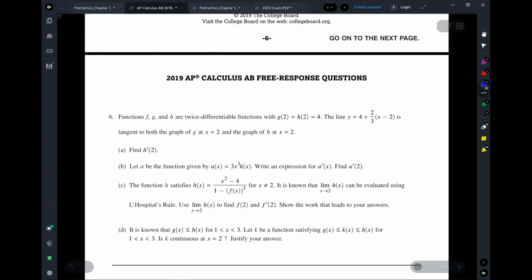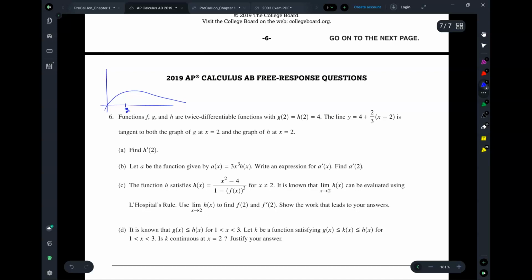What does that mean? Here's that line, 4 plus 2 over 3 times x minus 2. This is a positive slope, an increasing line. I don't know what g of x looks like, I don't know what h of x looks like, but suppose this was g of x.